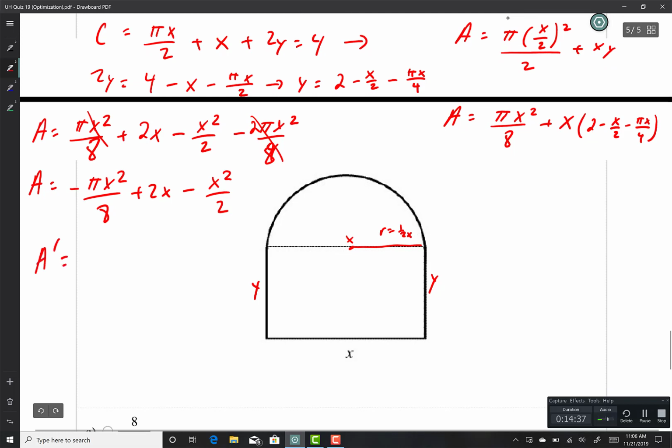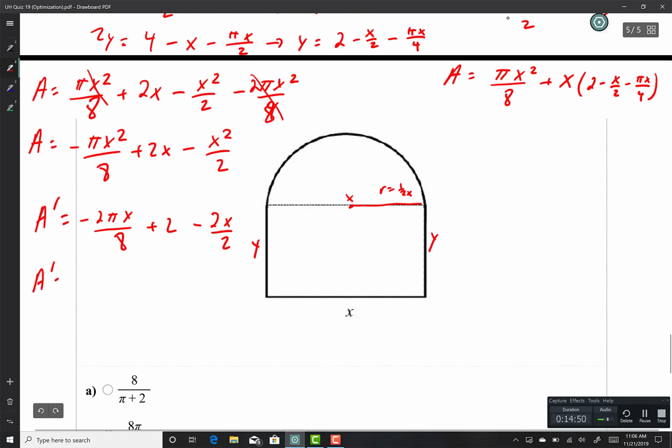A prime equals, let's see, the derivative. Negative 2 pi x over 8. I'll reduce it a little bit, guys. Plus 2 minus 2x over 2. All right, let's reduce it. A prime equals 2 goes into 8 4 times. So negative pi x over 4 plus 2 minus x.